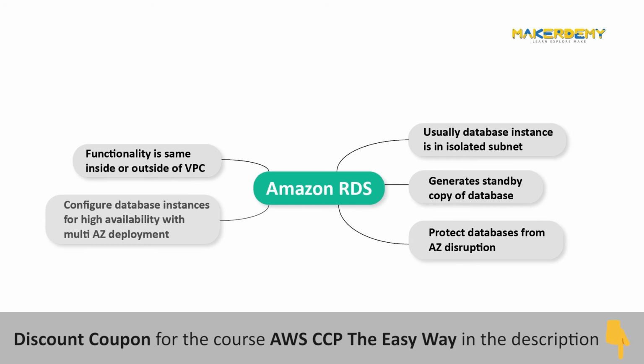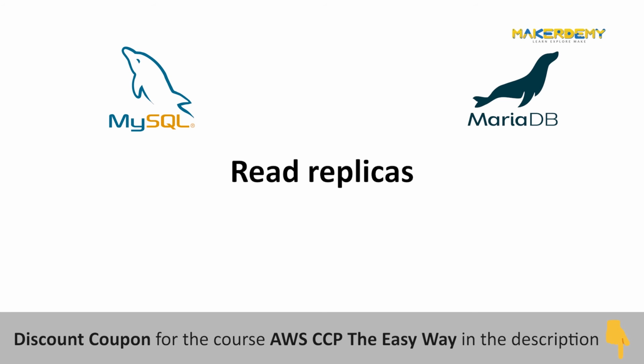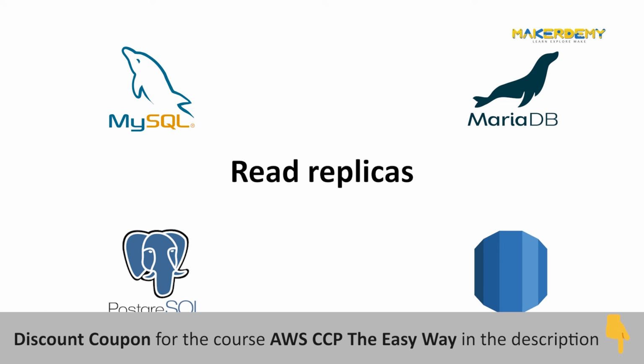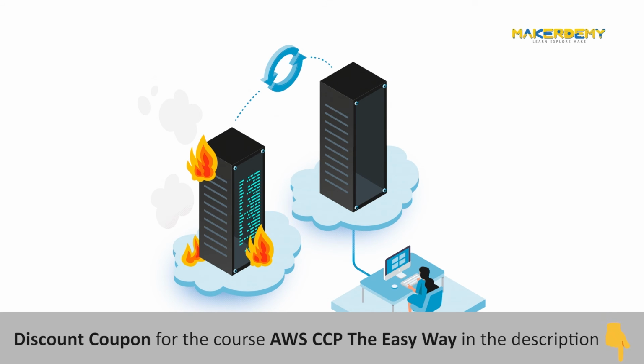This helps to protect databases from AZ disruption. Amazon RDS also supports the creation of read replicas for MySQL, MariaDB, PostgreSQL, and Amazon Aurora. Updates made to the source database instance are asynchronously copied to read replica instances. This feature can help satisfy disaster recovery requirements and cut down latency.